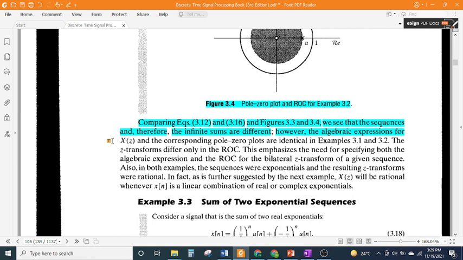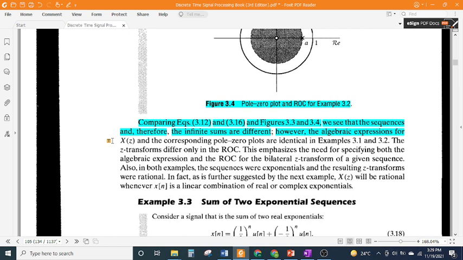Chapter 3 The Z-transform. X(z) = Σ (1/2)^n z^-n + Σ (-1/3)^n z^-n, Eq. 3.20.